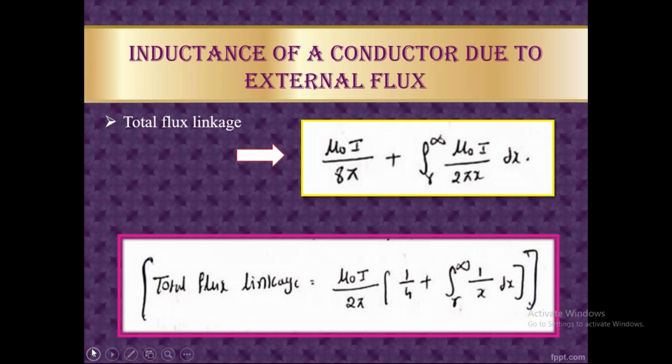So this is about calculation of inductance of a conductor due to internal flux and external flux. If you understand these two equations, that is, inductance due to internal flux is given by 10 power minus 7 by 2 and inductance due to external flux is 2 into 10 power minus 7 ln d2 by d1.